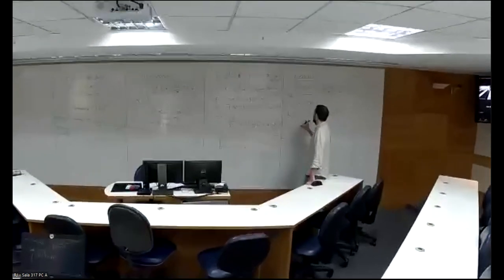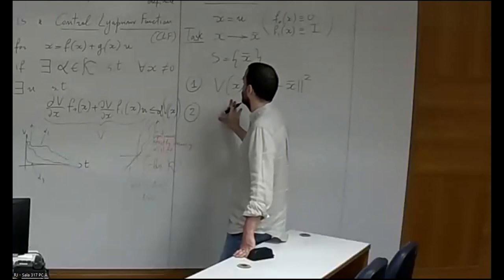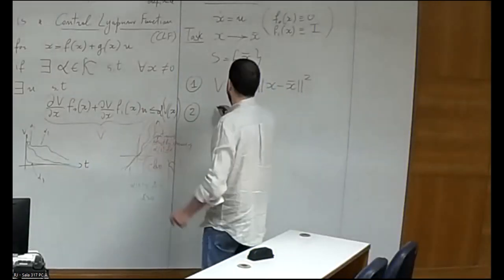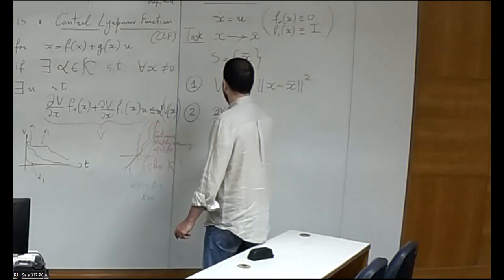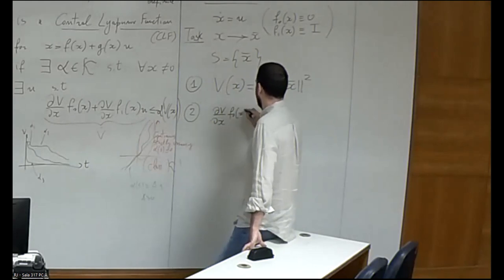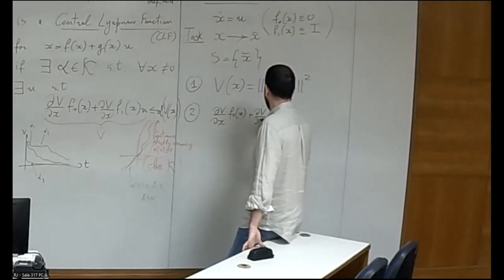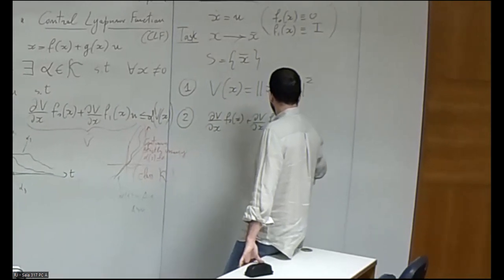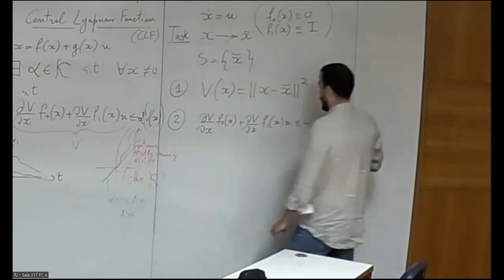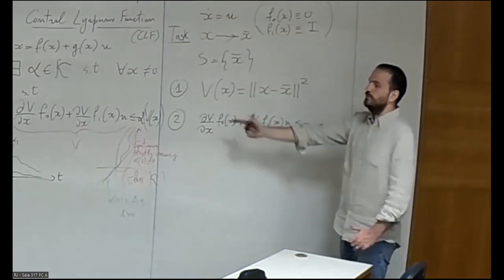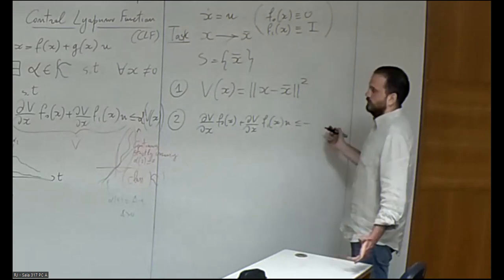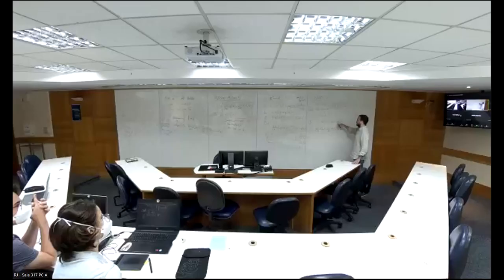The constraint that you have to satisfy reads: dV/dx f0 of x plus dV/dx f1 of x times u is less than or equal to... Now we have the freedom to choose the rate at which V will go to 0, that is, the rate at which x will go to x bar.